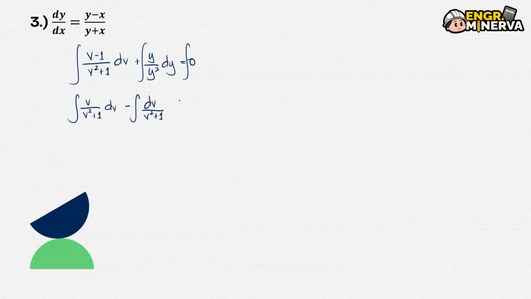This would be arctan. And for y, that would be dy over y equals integral of 0. Then here, I will let u equal v squared plus 1, and your du would be 2v dv. And eventually, your v dv would be du over 2.